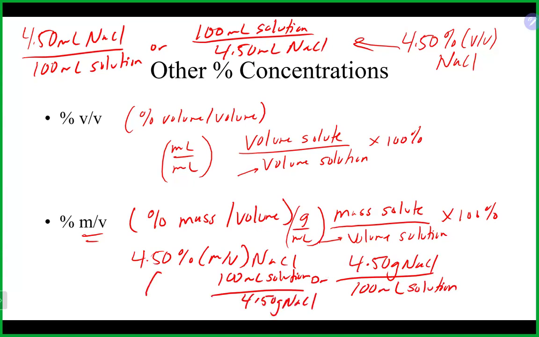So for all these percent concentrations, if you're given it, you can take a more dimensional analysis approach by turning that into a conversion factor. And again, sometimes it's a little bit easier to do the calculation there. Any questions on any of those?